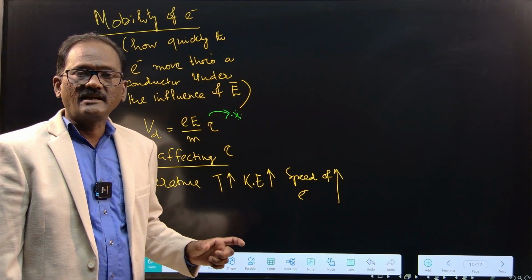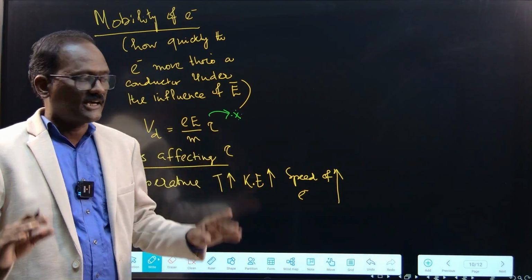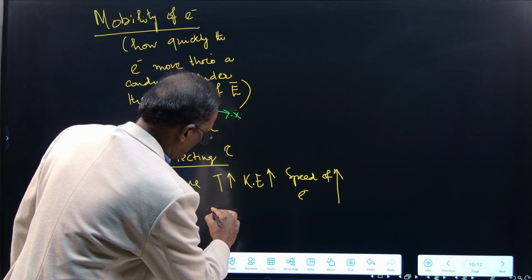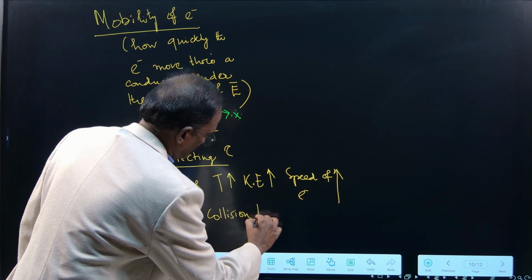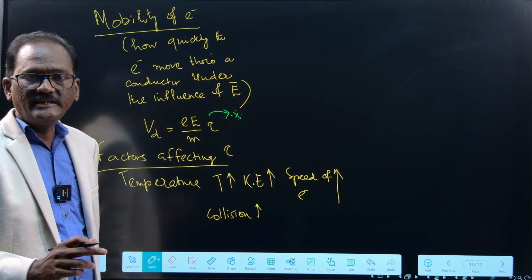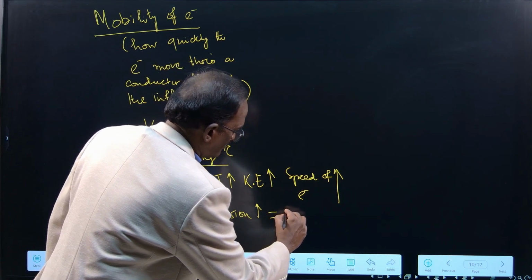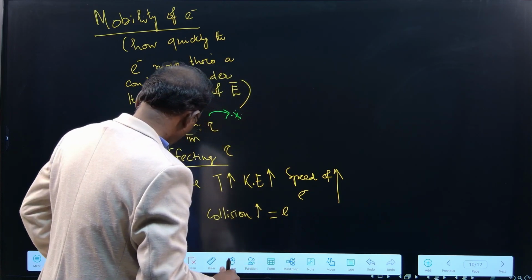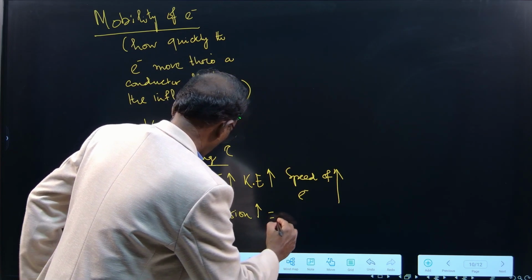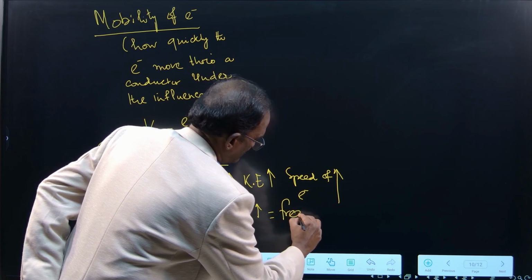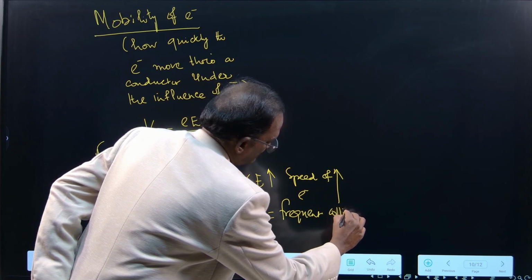If the speed of electrons increases, they quickly collide with the positive ions. Collision increases, which means frequent collision.